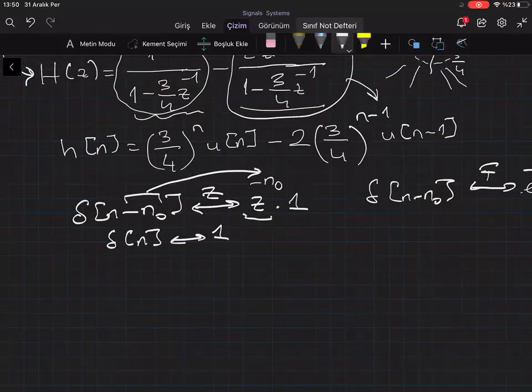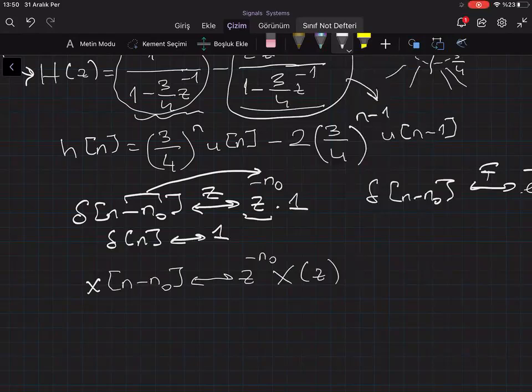Again, if I have an x of n minus n0, it means it is z to the power minus n0 times x of z. The z transform doesn't change. I just add kind of a delay, a phase shift.